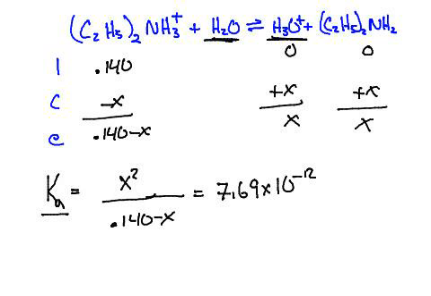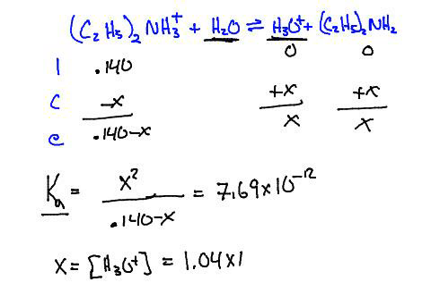Now we plug this into our solver, and we solve for x, and x is equal to 1.04 times 10 to the negative 6. Hold on, I'm going to write H3O positive, which is 1.04 times 10 to the negative 6.